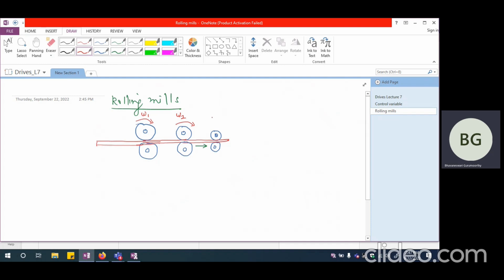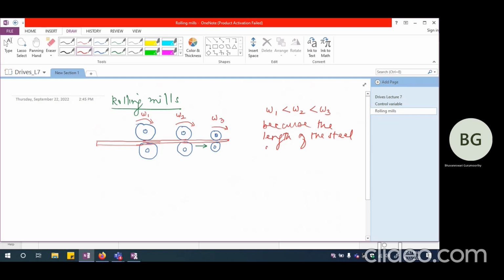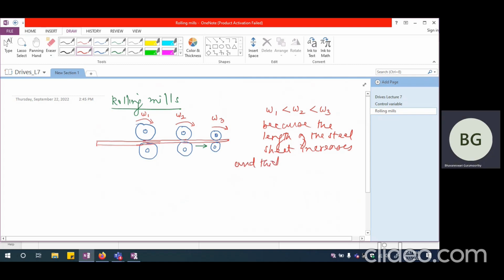And omega 3 has to be even faster. So generally, you are going to have omega 1 less than omega 2 less than omega 3 because the length of the steel sheet increases and its thickness decreases.